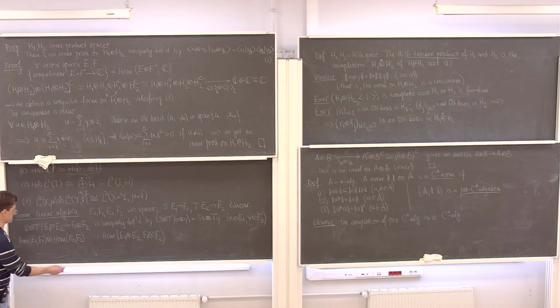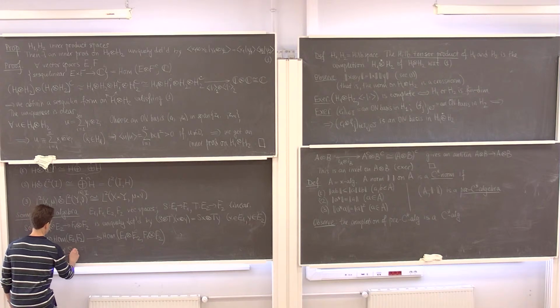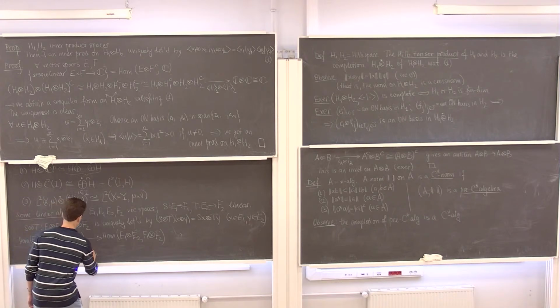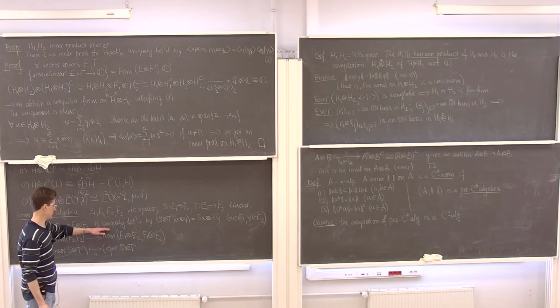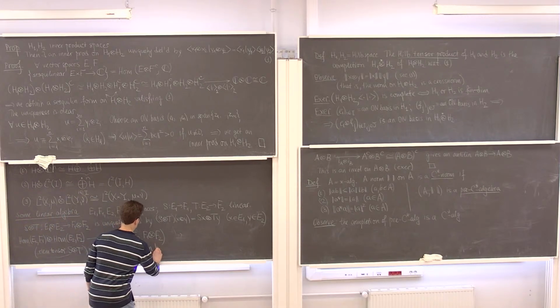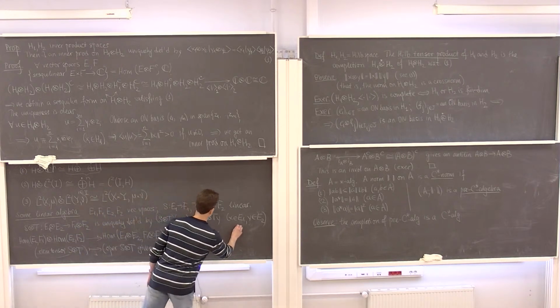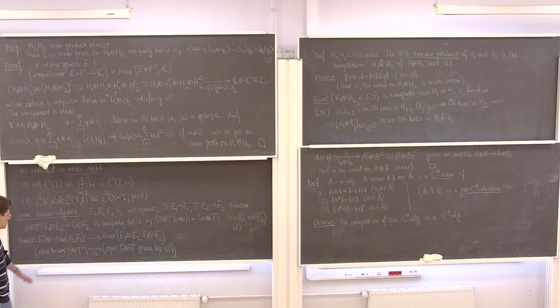So we have a natural linear map from here to here, which takes every elementary tensor S tensor T to the linear operator S tensor T given by this formula. Let's call it formula 2. So formally, these are two different objects. One sits in here, and the second one sits in here.